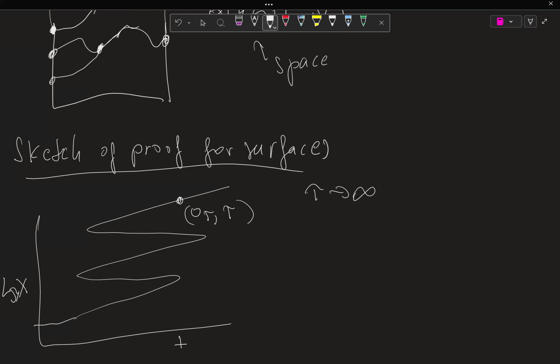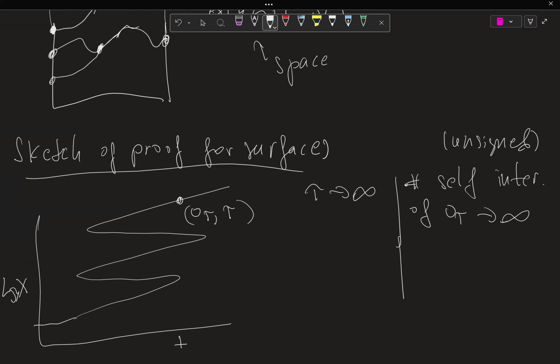So only one or two things can happen. The number of self-intersections of O tau goes to infinity, and these are unsigned self-intersections.